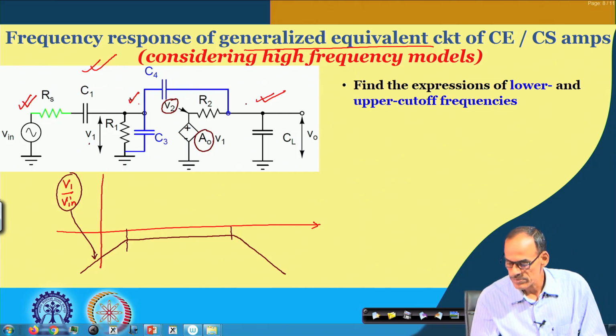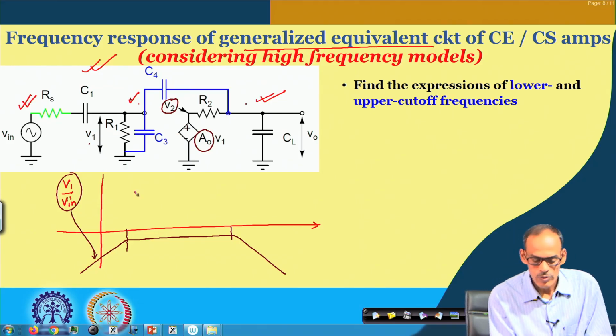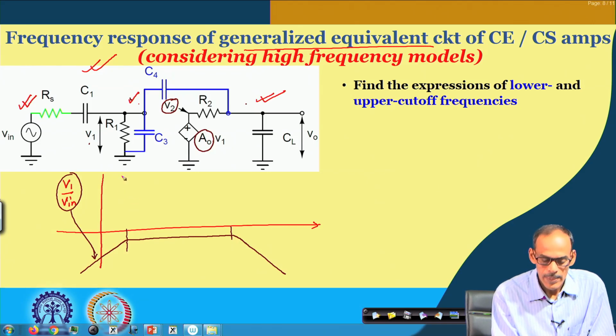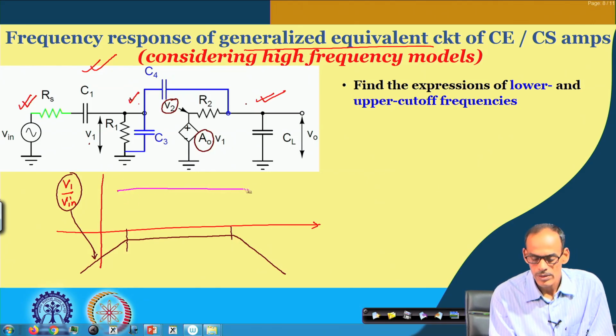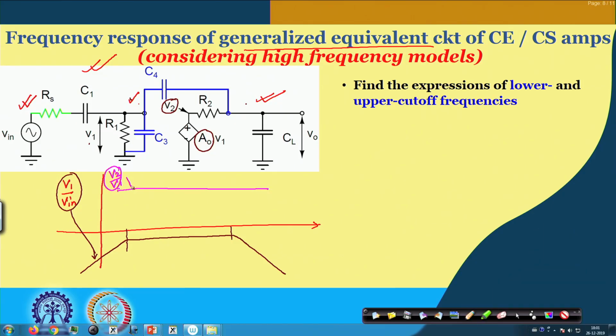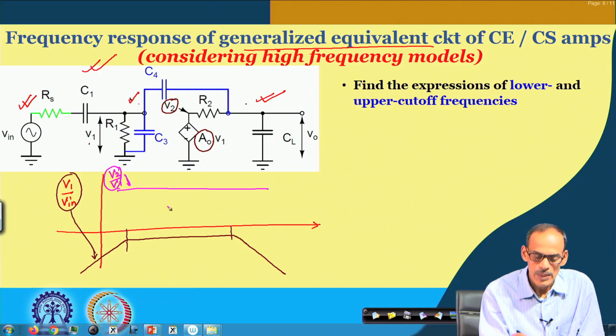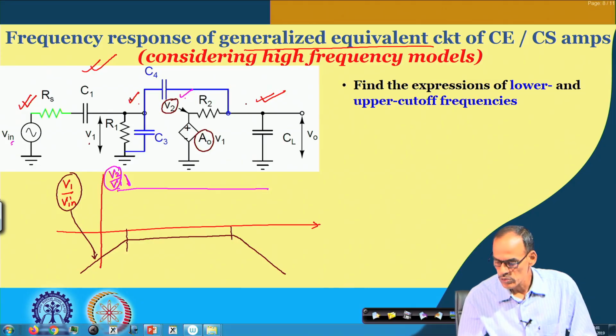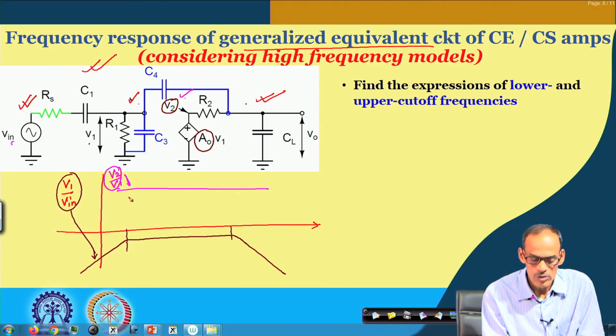This A naught is pretty high, and it is constant. So, this is V 2 divided by V 1. If I combine these two, what we can get is V 2 by V in. If I plot V 2 by V in, it will be similar to this one, but it got lifted up.